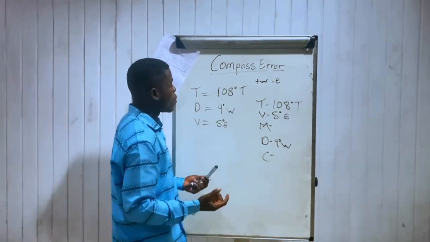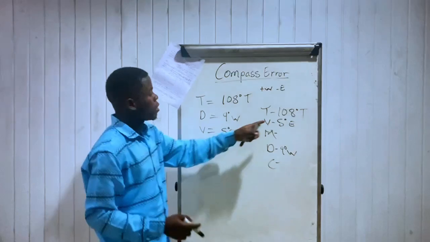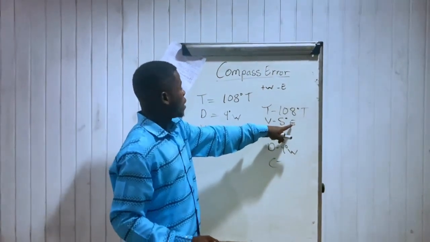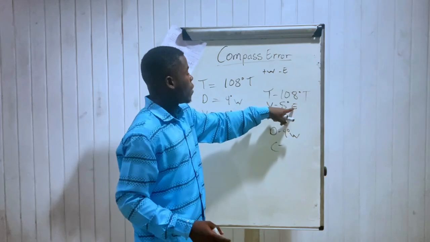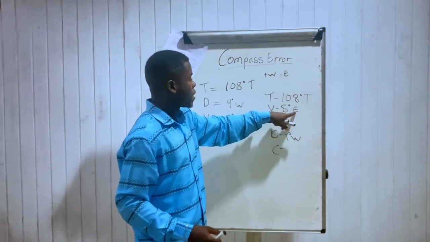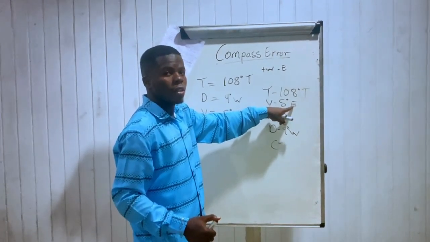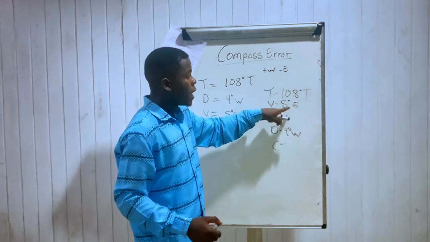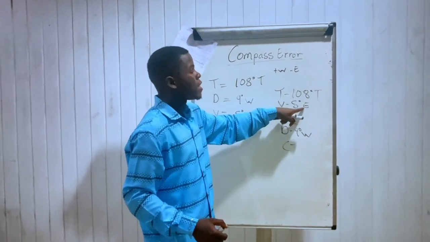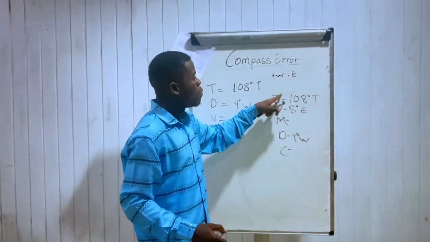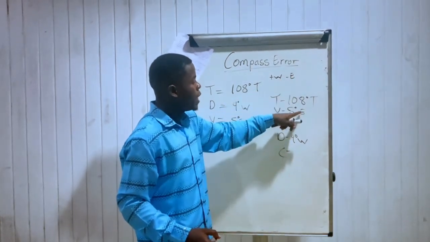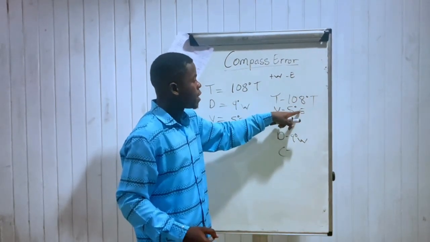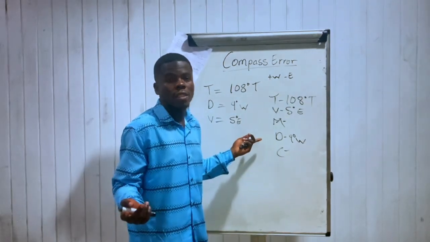So this is how we go by it. Our variation is east, and we are moving from true to compass. Variation being east, meaning that we are subtracting.